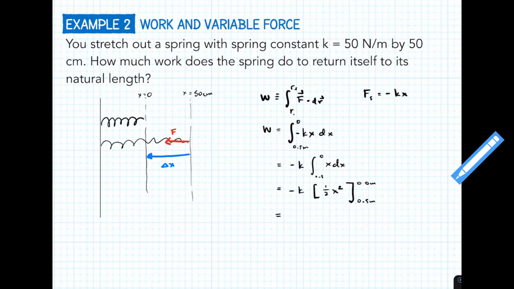Before we even do the math, do we expect a positive or negative number if we set this up right? Which way is the force pointing? Force points this way, right? The displacement points this way. Positive.